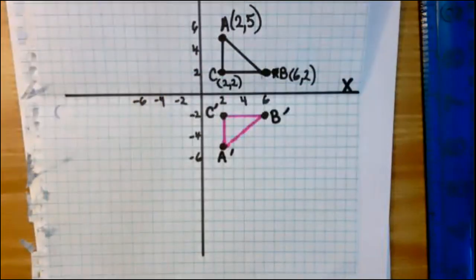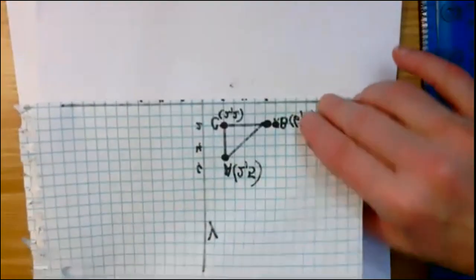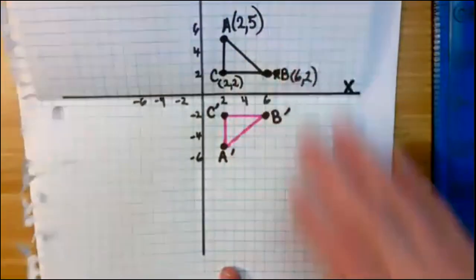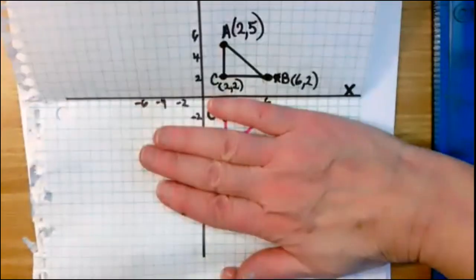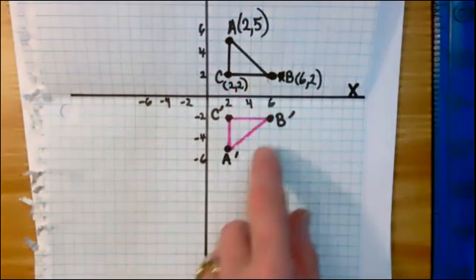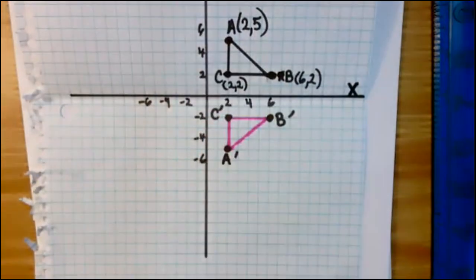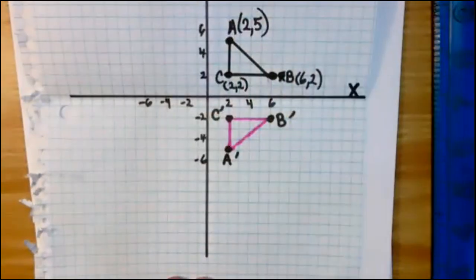And you can see how if I fold it right on the x-axis, that is exactly where my shape will end up. It'll take it and flip it. Notice how CB is still the same length, AB is still the same length, and AC is still the same length. So the shape has not changed, the size has not changed, only the position has changed and the orientation.